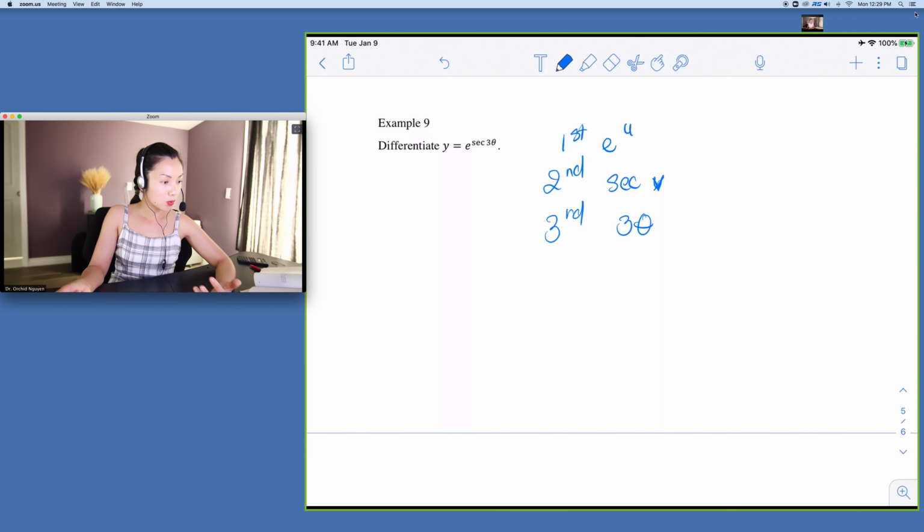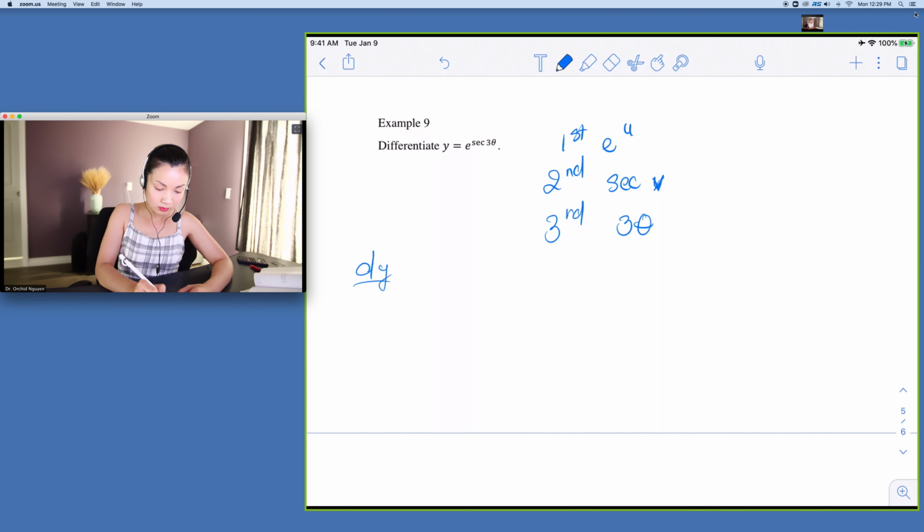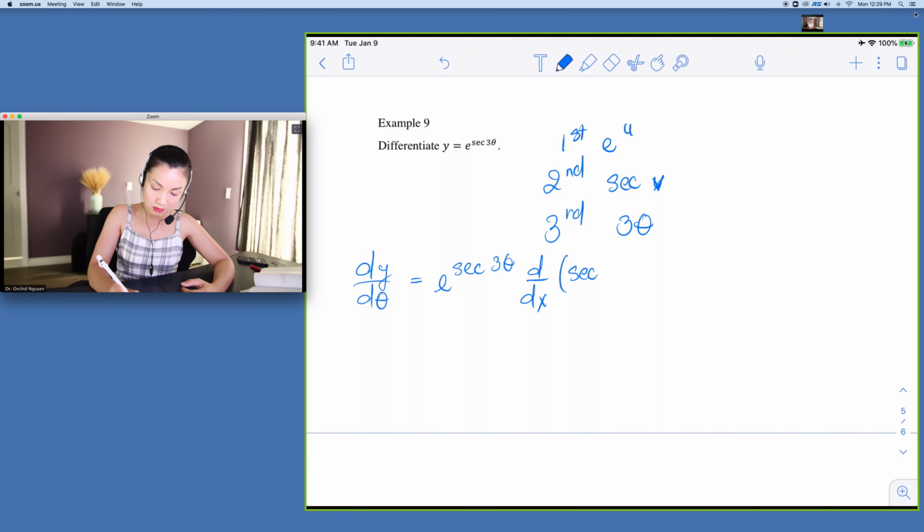All right, so what can we do? We're going to take the derivative. First of all, the derivative of the e function is just the e function. And then multiply by the derivative of secant, which is secant tangent.